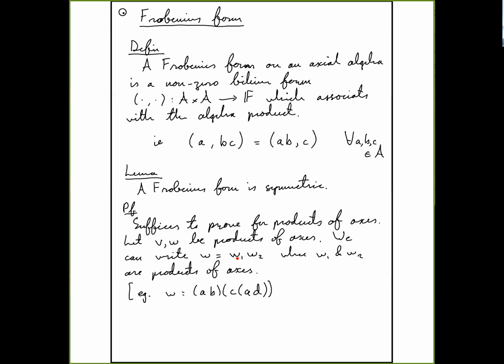But it's clear that I can pick W1 to be A times B and W2 to be C times A times D. So there is always a way to break W as the product of two things. I hope that's clear. Okay, so that was my aside, which I'm probably going to rub out now.